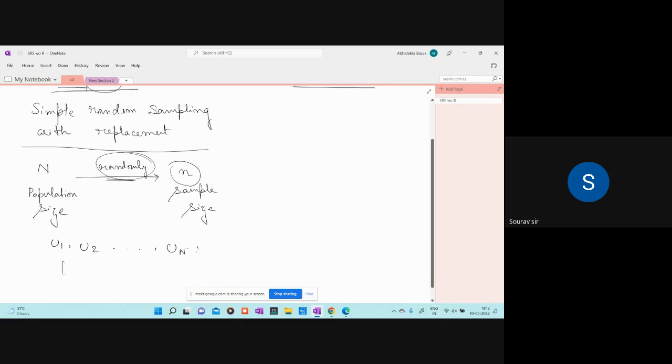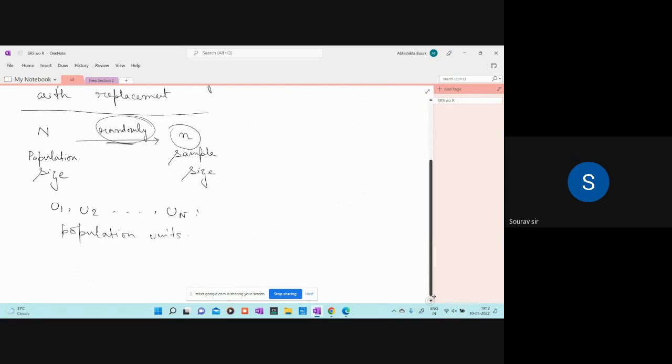We select a sample of size small n from this capital N. With replacement means one element can be repeated more than once, since we are returning it back.